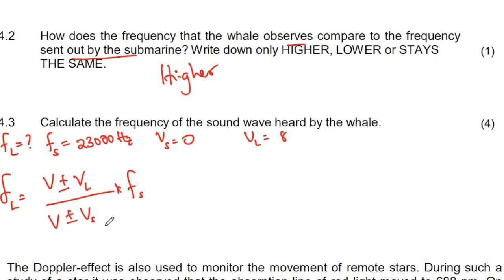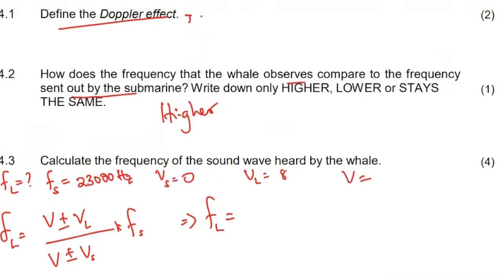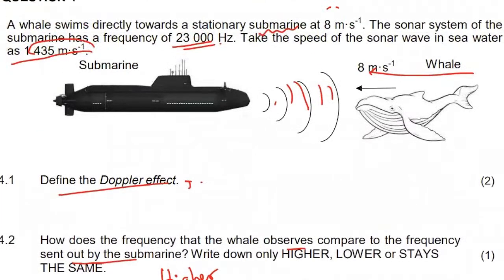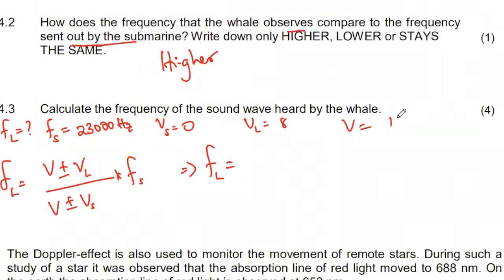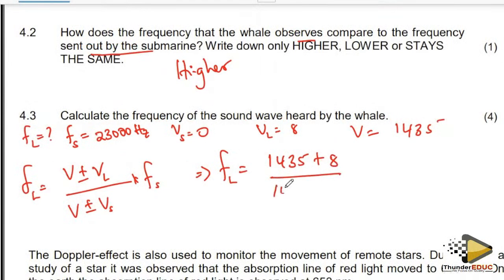Now, since the listener, the whale, is going to have a higher frequency, the top part has to be a plus. They gave us the V, the velocity of sound, the speed of sonar wave in water, which is 1435. So that's going to be 1435 plus the velocity of the listener, which is 8, over 1435, the velocity of the source being 0, times the 23,000.